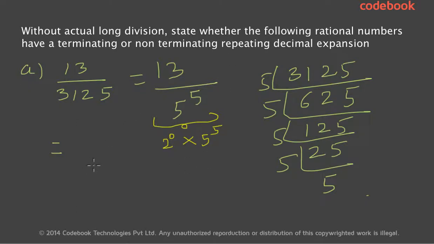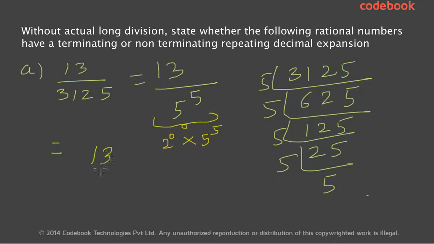If you are asked to calculate what that terminating decimal expansion is, the next step in the process is to make sure that the denominator has equal powers of 5 and 2, so that the math gets easier. Because when you have equal powers of 5 and 2, let's say 5 power m times 2 power m, then you can say it is 10 power m. And division by 10 or powers of 10 is easy. So the next step is to have the denominator in the form of 2 power m times 5 power m.